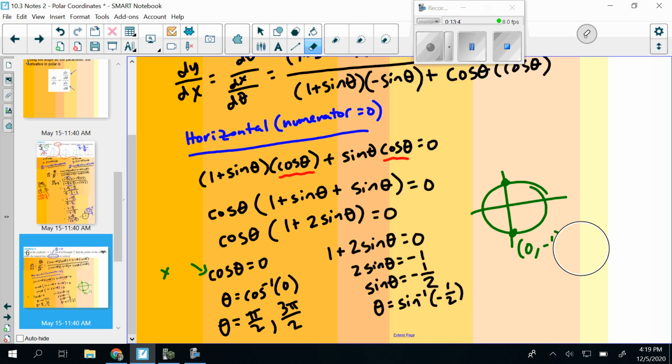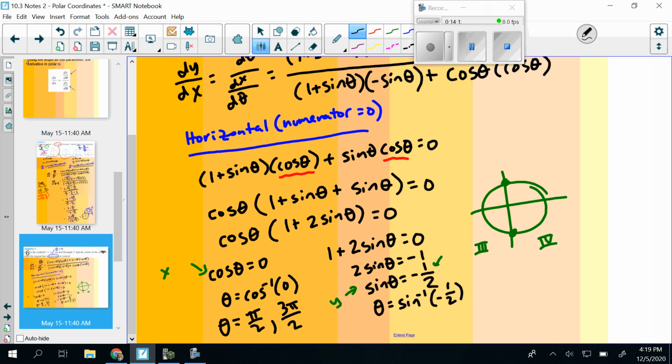When are we going to get a y value that's equal to negative 1/2? Well, if it's a y value and it's negative, then we know it's got to be somewhere in quadrant 3 or quadrant 4. So it's one of those two when we solve that out.